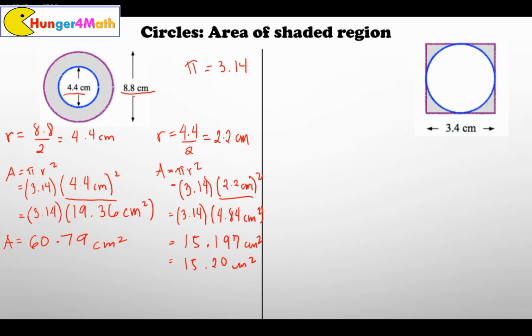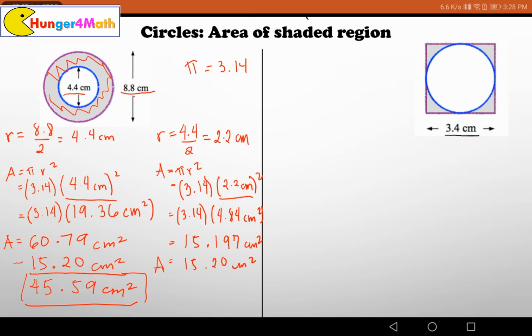So since we are calculating for the shaded region, which is right here, we are going to subtract 60.79 centimeters square minus 15.20 centimeters square, and that is equal to 45.59 cm square. So that is the area of the shaded region.